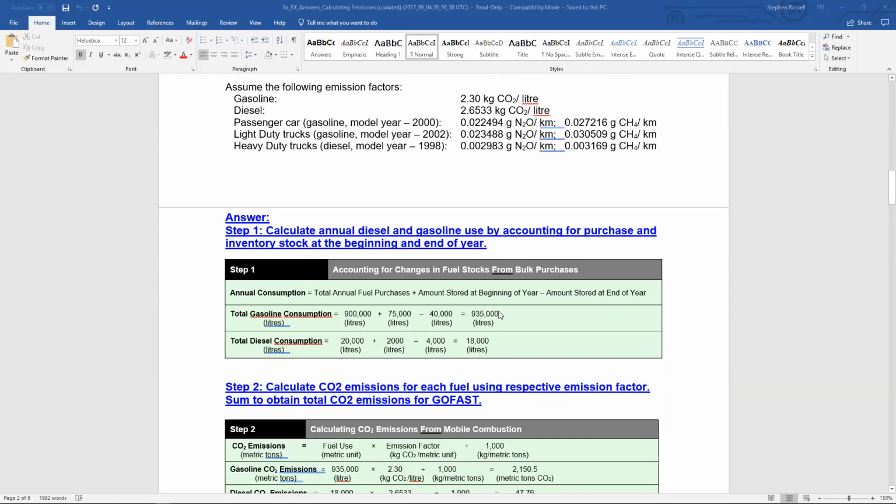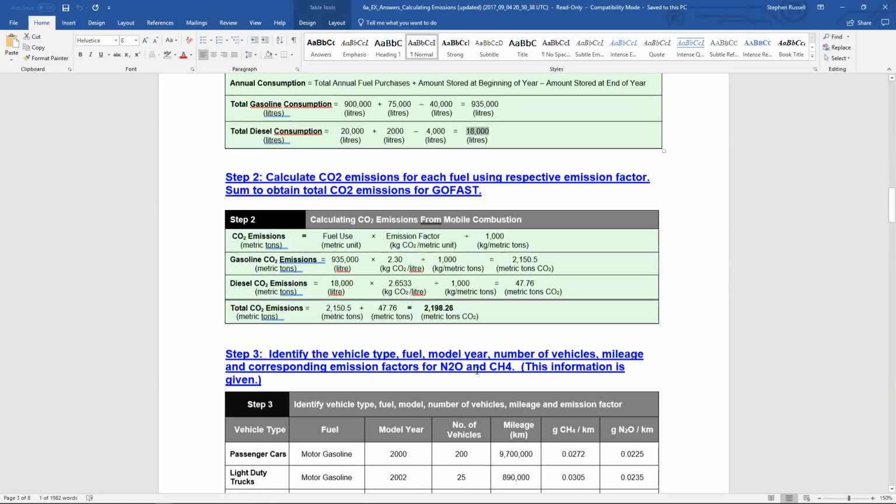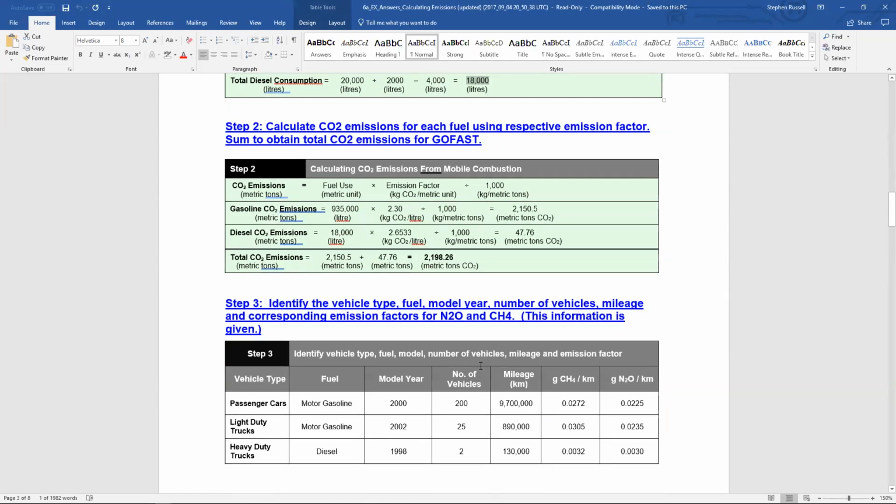So total gasoline use was 935,000 litres and diesel use was 18,000 litres. We can do the CO2 emissions first, as they're easier compared to methane and nitrous oxide emissions. Total CO2 emissions across gasoline and diesel use amounted to 2,198 tonnes carbon dioxide.